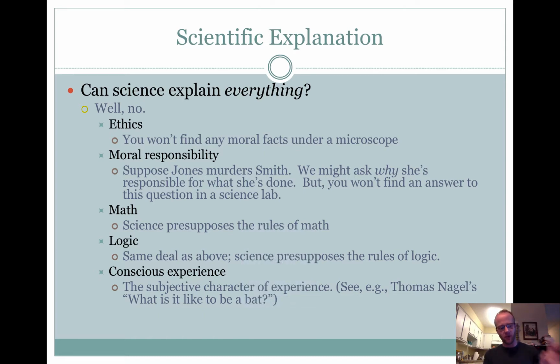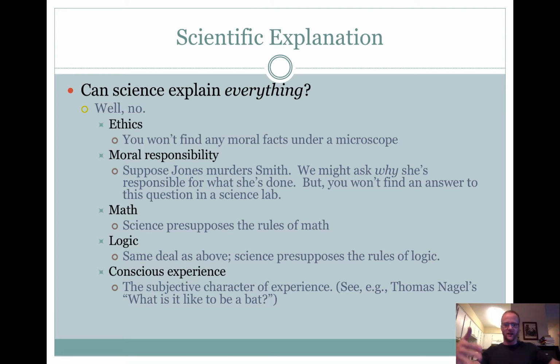So the problem there, Nagel thought, was, look, if conscious experience was scientifically explainable, it should be objectively accessible, meaning we should be able, in theory, to cut open the bat, dissect it in a particular way where you and I could get the bat's perspective on things. But necessarily you can't, because you'd be viewing the bat's perspective through your own perspective.